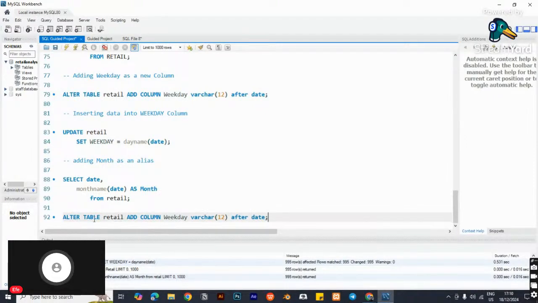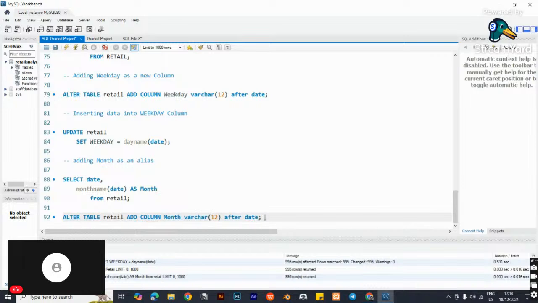So we say alter table retail, add a new column. We change this from weekday to month. So this is the month. Month is a string data type, so we make use of the varying character, using 12, and we put it after date.